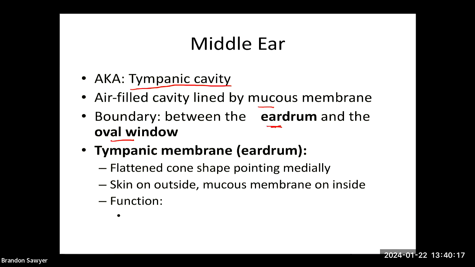Okay, so the tympanic membrane, the eardrum, is not completely flat. It kind of has this cone shape to it. And the point of the cone is pointing medially towards the brain. It's actually just skin on the outside, right? So when you look in someone's ear, you're just seeing the skin covering that tympanic membrane, but then it's mucous membrane on the inside.